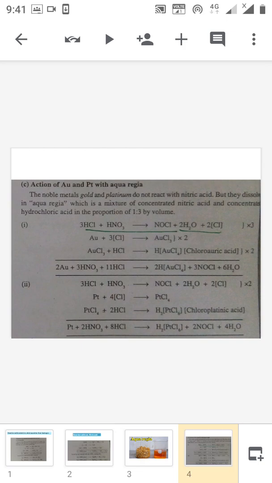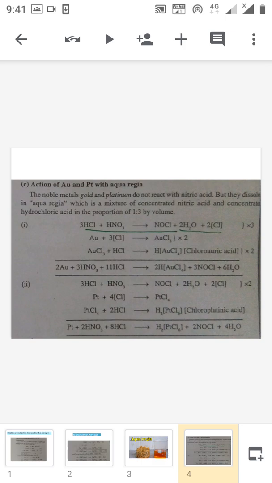This chlorine reacts with gold. Gold is a pure metal and will not react with common reagents, but even then gold reacts with chlorine to form chloroauric acid.